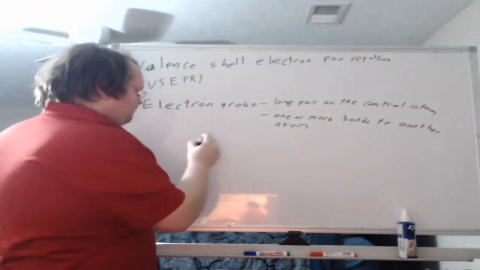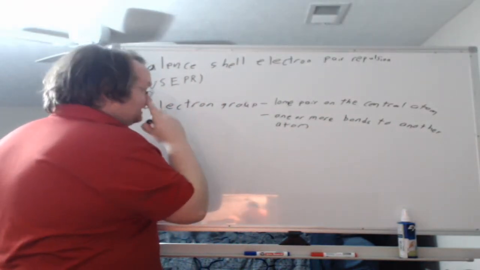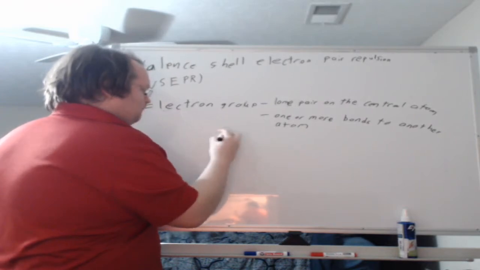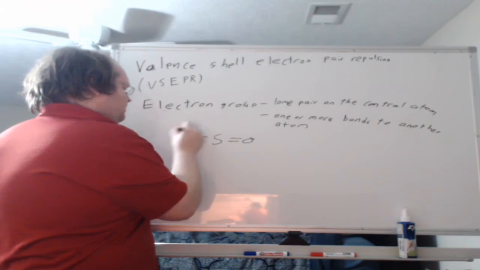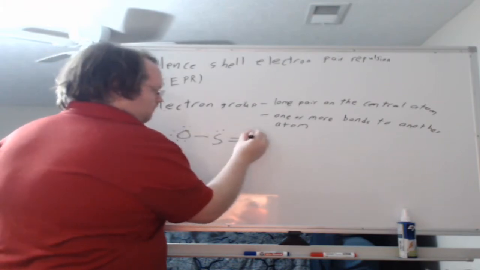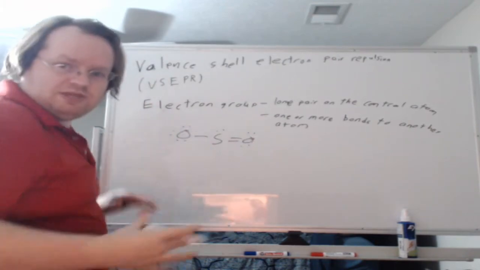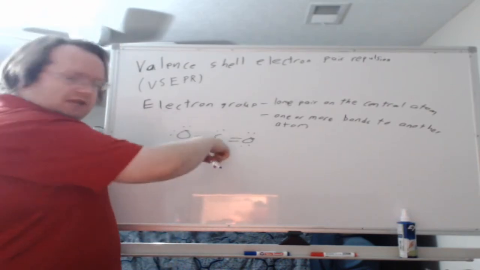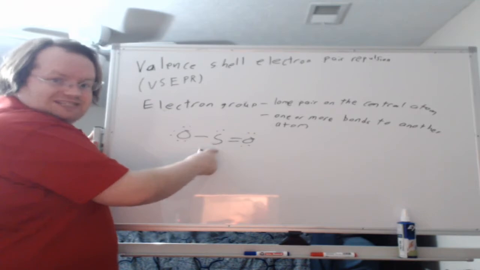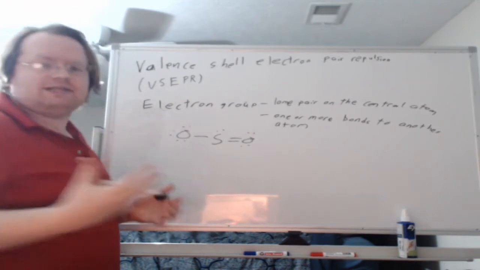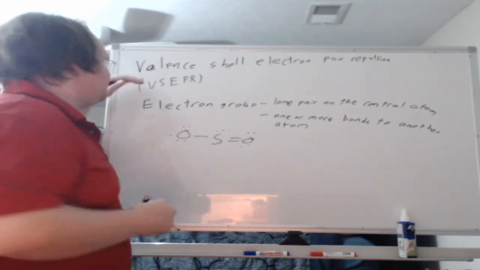For example, if you had the molecule SO2, sulfur double bonded to one oxygen and single bonded to another, this is its Lewis structure, which we worked on last week. This sulfur is the center atom. We want to know how many electron groups that center atom has, and that tells us which VSEPR shapes to use when we get to those.